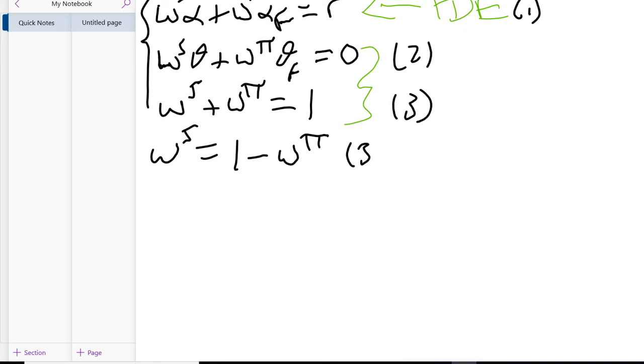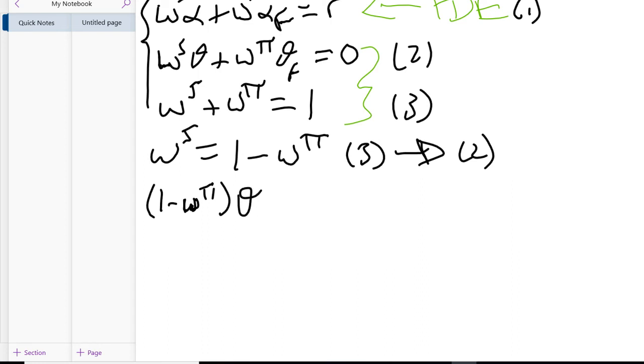So this is 3. So we go to equation 2, and we find that (1 minus w_pi) times sigma plus w_pi sigma_f equals 0.